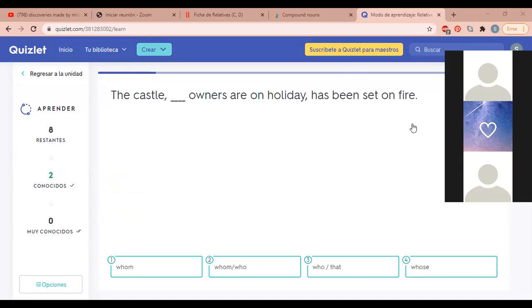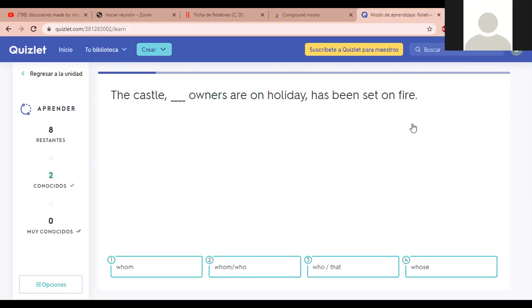The castle. The castle owners are on holiday has been set on fire. Let's see the right answer. Can you help me, please?